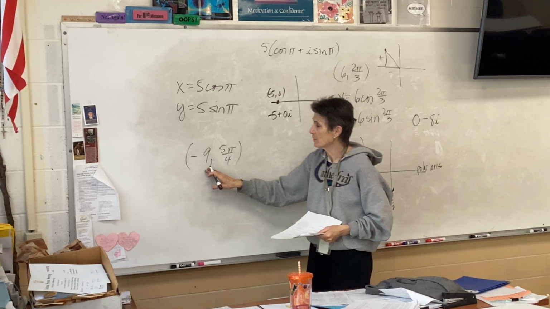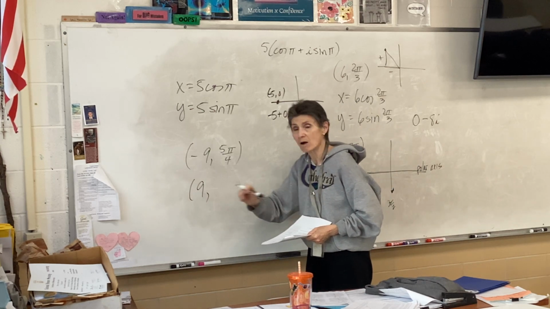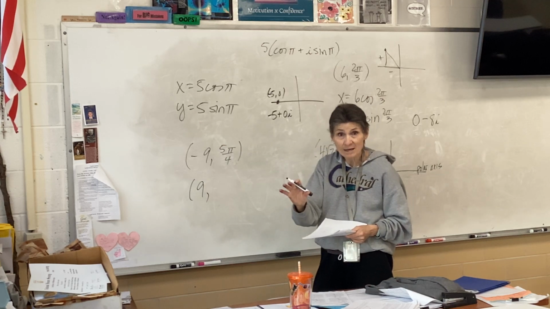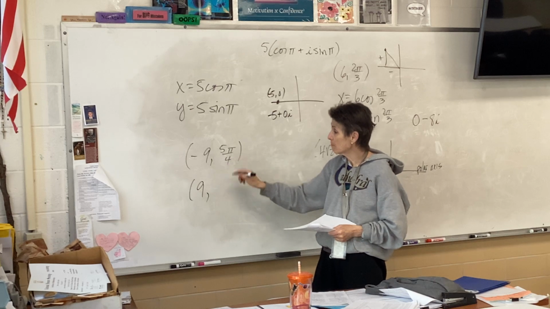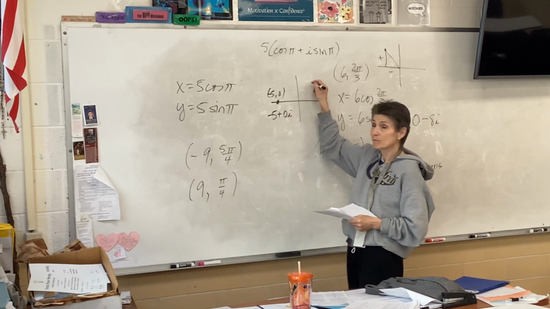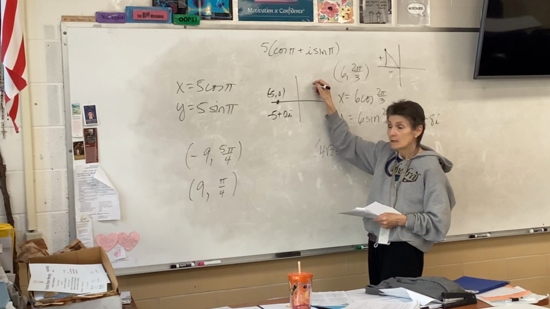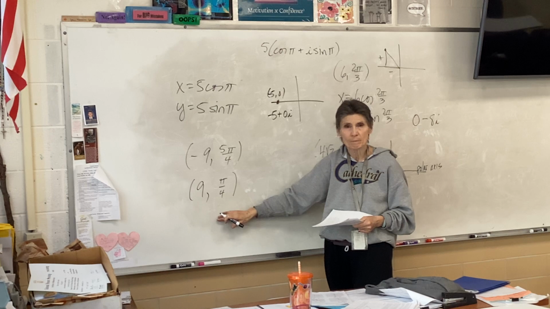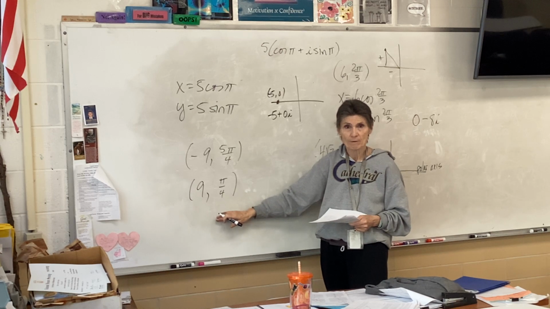Well, remember, when you change the sign on r, the angle changes by pi. So if we back up pi, wouldn't this be pi over 4? And isn't pi over 4 in quadrant 1? So that's a true statement. x and y would both be positive for this number.